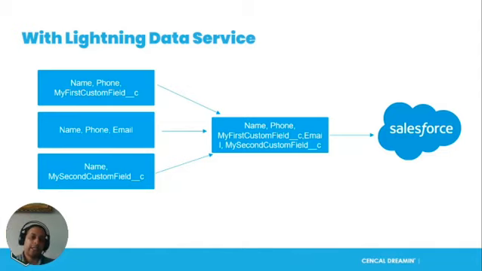And our third Lightning Web Component wants to show only the name and a new field called my second custom field. If we choose to work with Lightning Data Service, our SOQL query will be: name, phone, my first custom field, email, my second custom field.